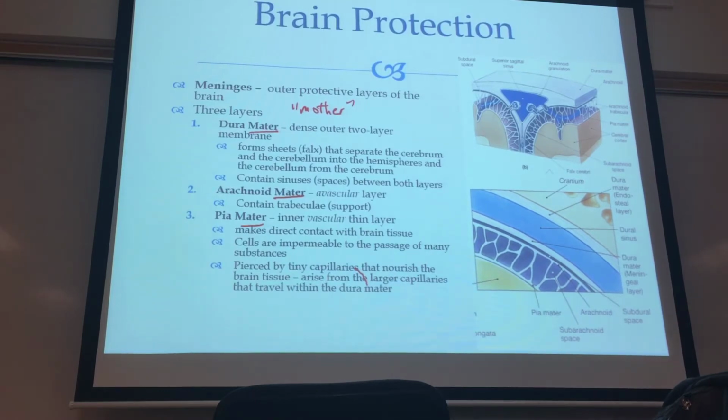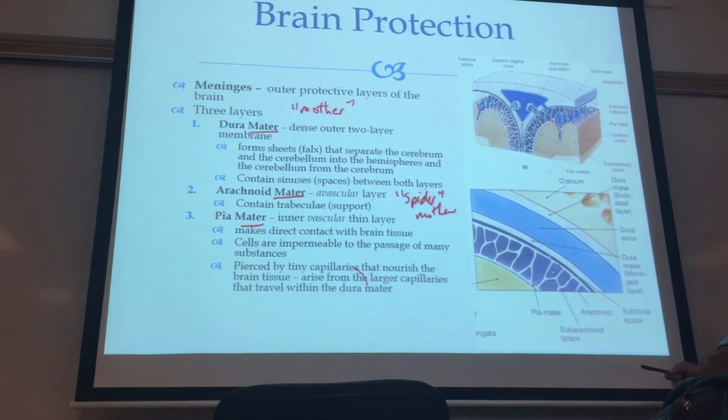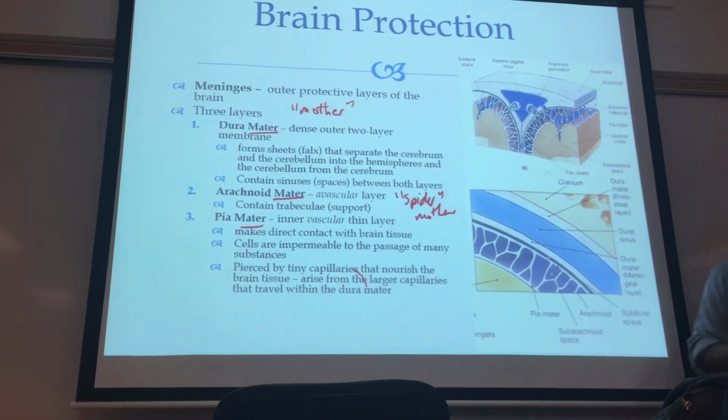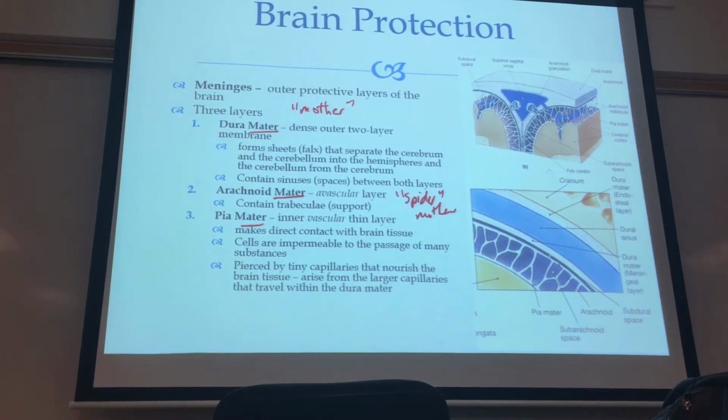If you take a look at the arachnoid mater, the next layer down, arachnoid mater, spider mother, you'll notice that it has these trabeculae, which are structures that allow things such as cerebral spinal fluid to flow through, which we'll tie in just a bit. And then the pia mater. Pia stands for soft.